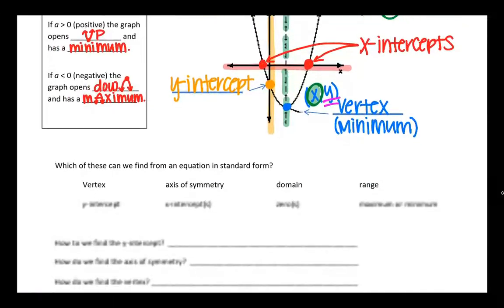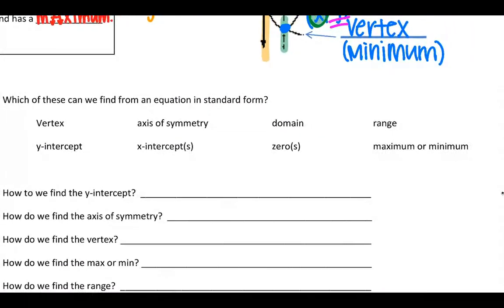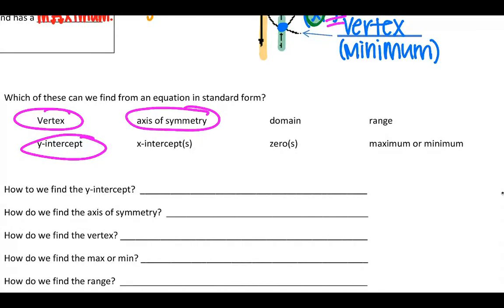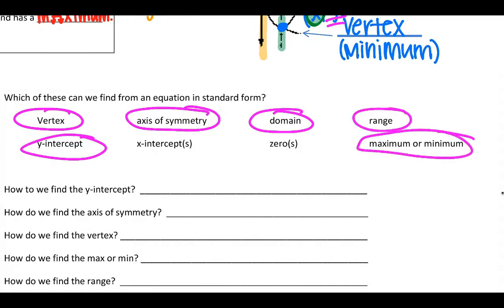So standard form, if I give you an equation in standard form, I'm not giving you a picture of a graph anymore. These are the things you can find if I give you an equation in standard form. You can find the vertex, you can find the y-intercept, you can find the axis of symmetry, the domain, always, we know what that one is. You can find the range, and either if it's a maximum or a minimum. The only thing you can't find from just the equation is your x-intercepts and zeros.